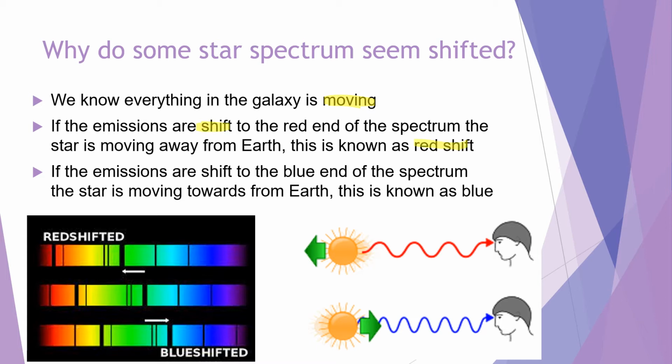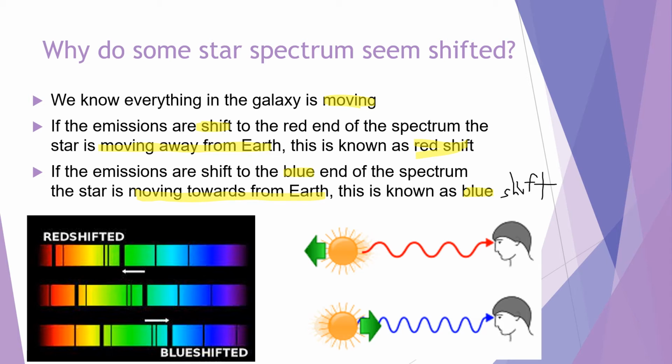So redshift is moving away from the Earth, whereas if the emissions are shifted to the blue spectrum, or the blue end, which is to the right, that means that the star is moving towards the Earth. Okay, this is known as blue shift.